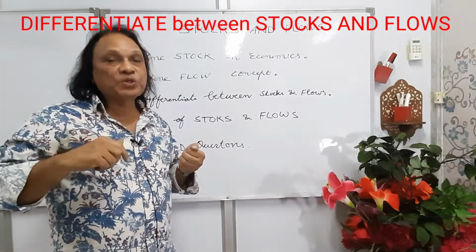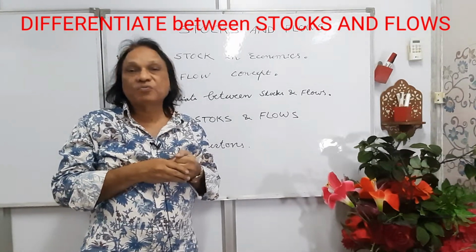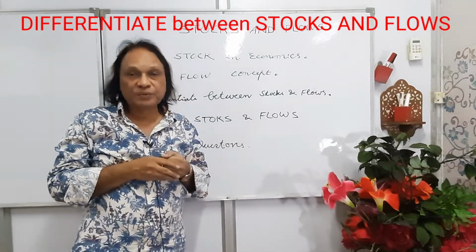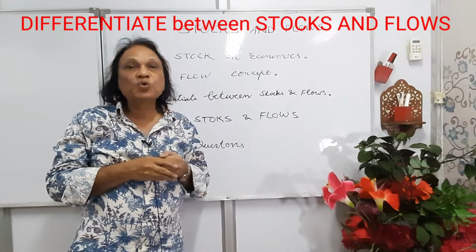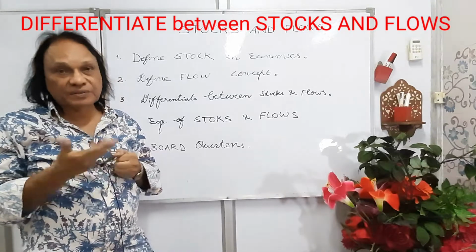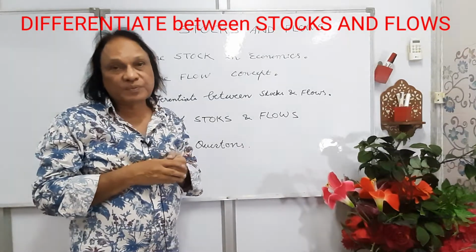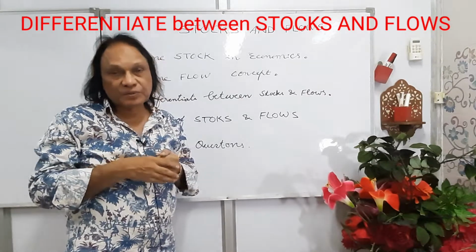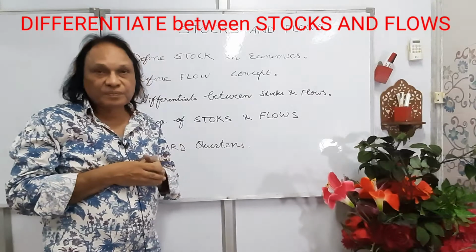Exports and imports of the country are also flow concepts because when we talk about exports and imports, we talk about 1 year. Then you have taxes. This is also for 1 year. So income tax for 1 year, that is also a flow concept.